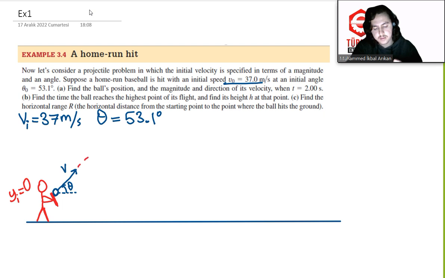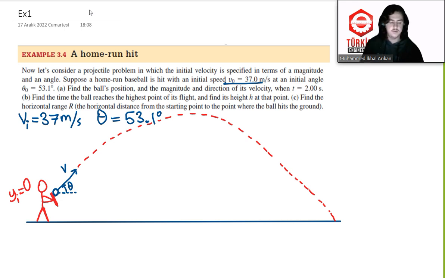I will just draw the path, and it hits the ground. So here also y final equals 0. So I'm neglecting the height of the guy.